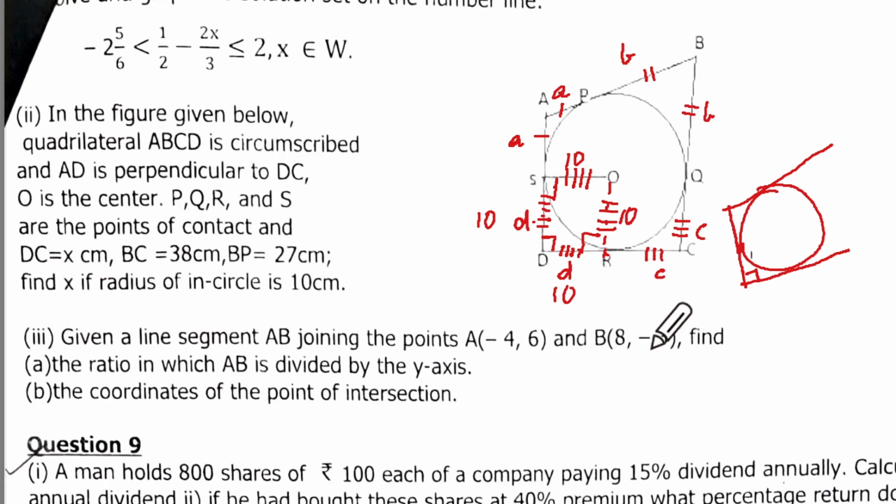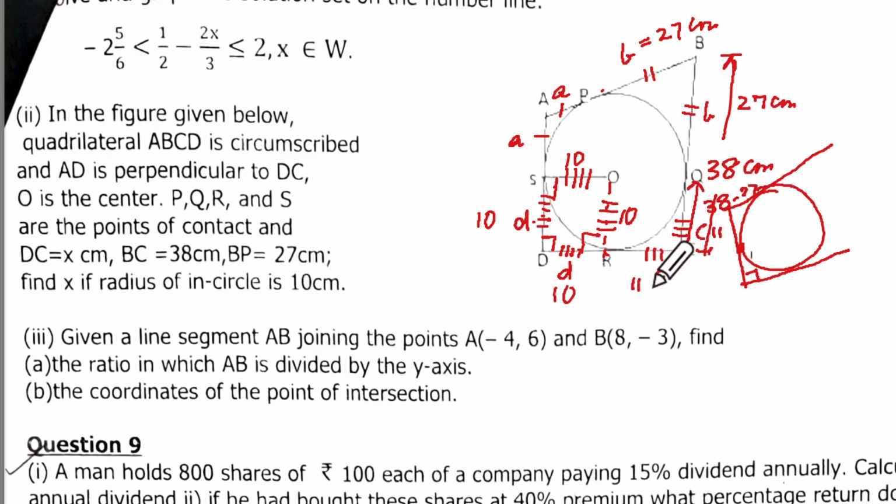DC is x, BC is 38. BC is from here to here. This is 38 centimeter. BP, where is BP? From here. B is how much? 27 centimeter. So from here, this is 38 minus 27, which is 11.